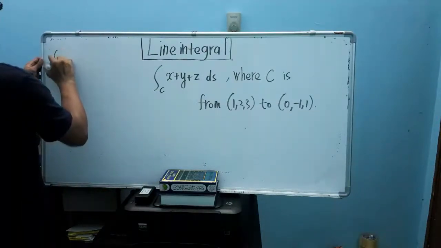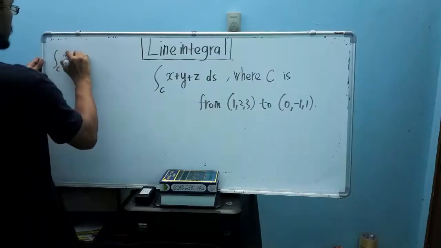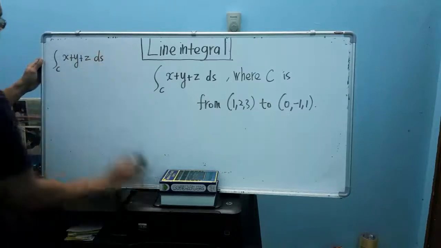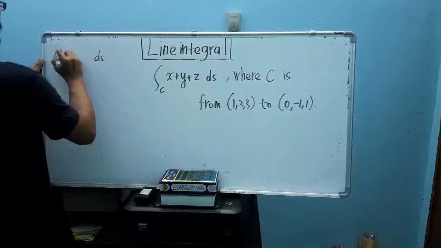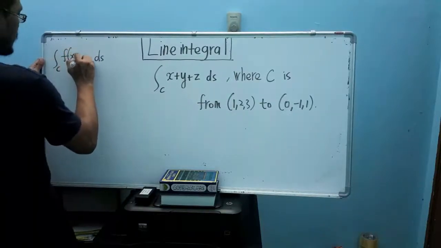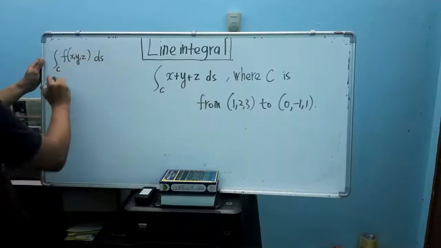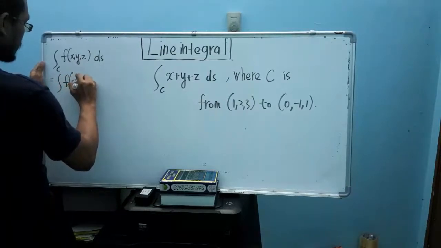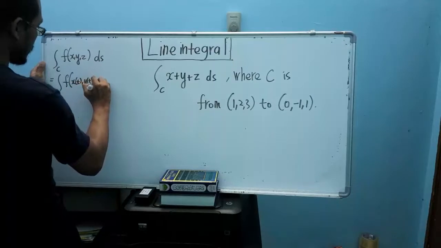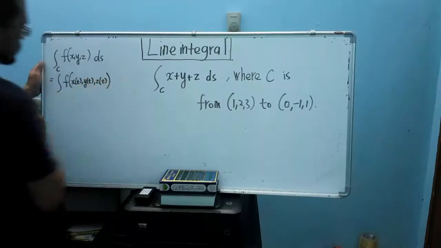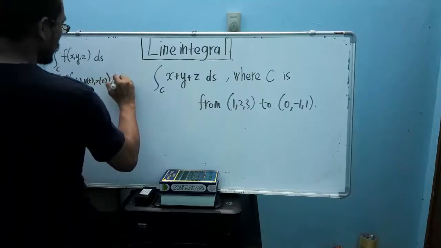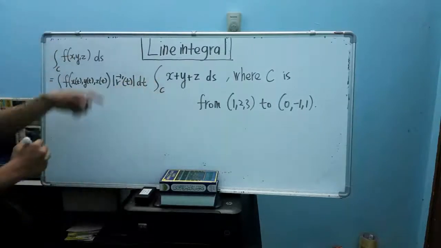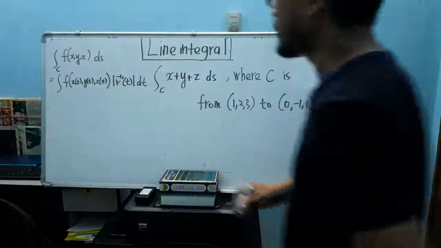Let's be general first. The integral of f(x, y, z) ds equals the integration of f(x(t), y(t), z(t)) times the magnitude of r prime t, dt. So this is the definition of the line integral.